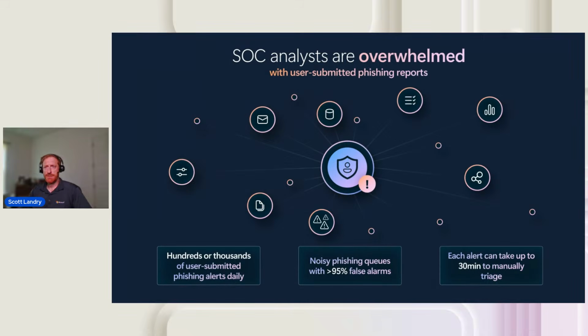So SOCs are obviously overwhelmed. To stay proactive, organizations do train employees to report suspicious emails for review. And so this is a catch-22 in and of itself, right? On the one hand, you absolutely do want your users to be a layer of protection, okay?